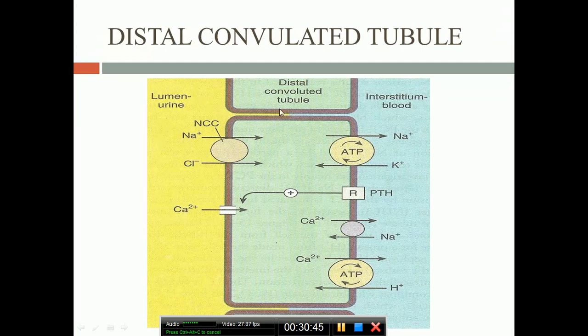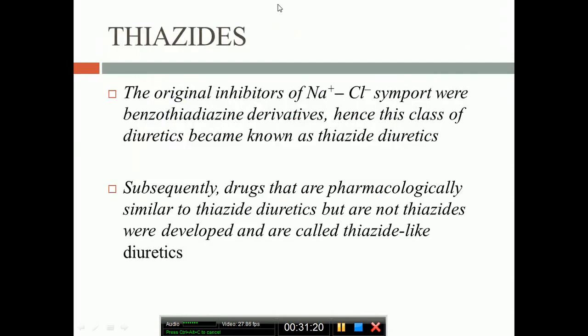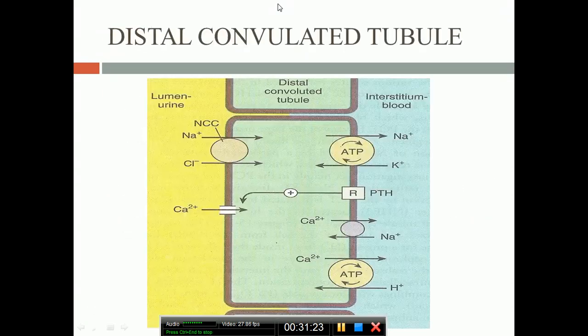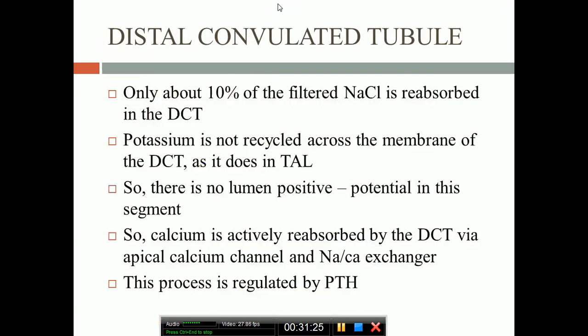So here is the sodium and chloride symporter. Sodium comes here, and then there is a sodium potassium ATPase. This is an active transport. Potassium from the blood comes in while sodium goes out.